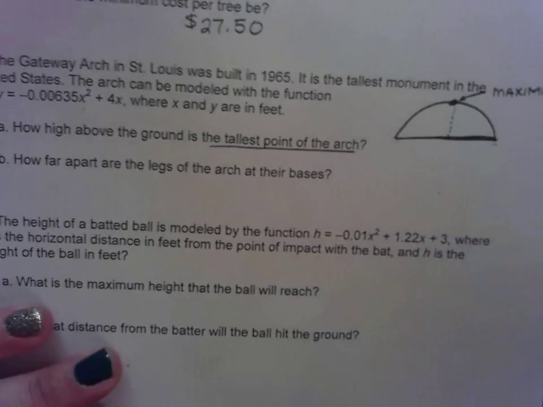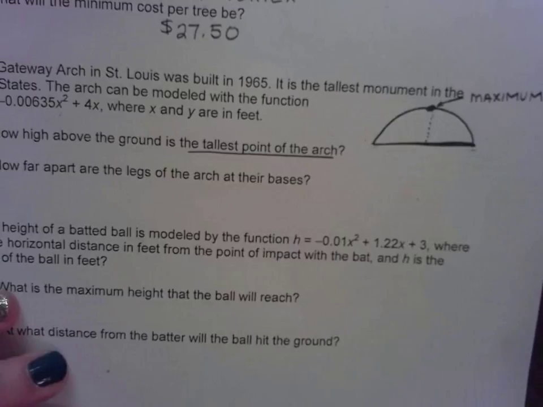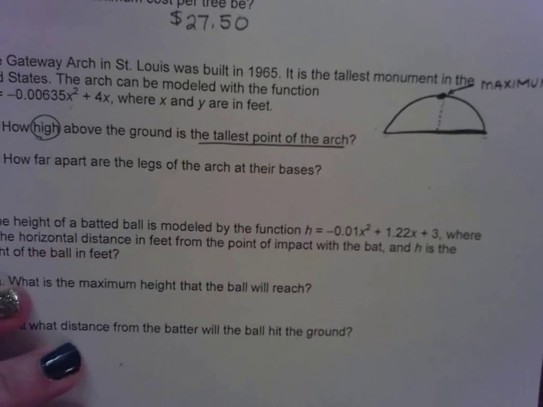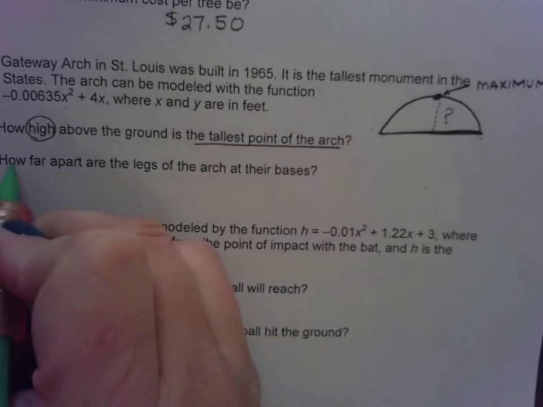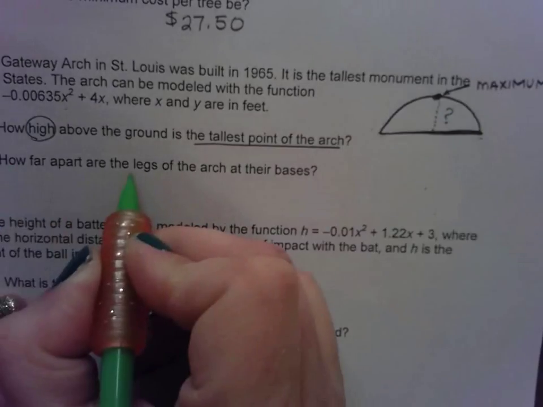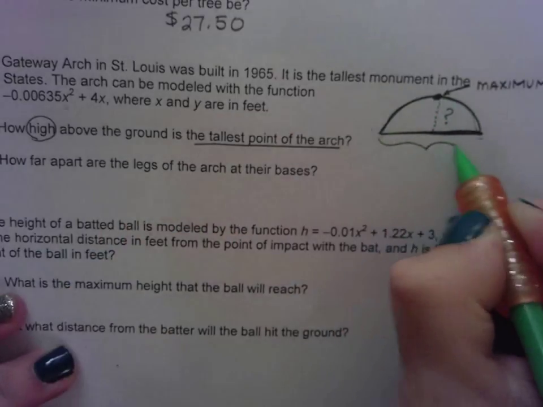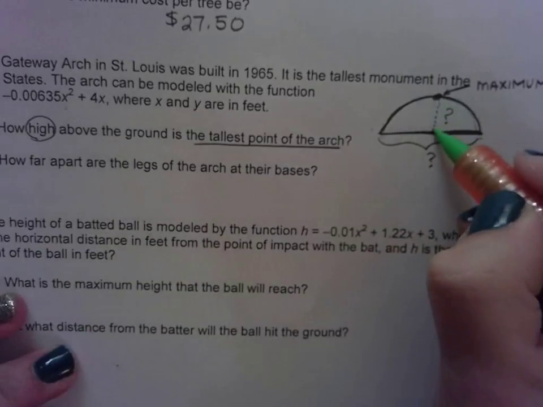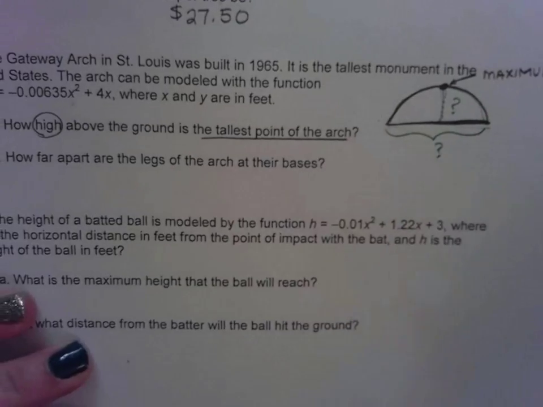We're looking for the vertex again. We want to figure out how high above the ground that is, and then how far apart the legs of the arch are. So for part A, we need the height, and for part B, we need the distance across.